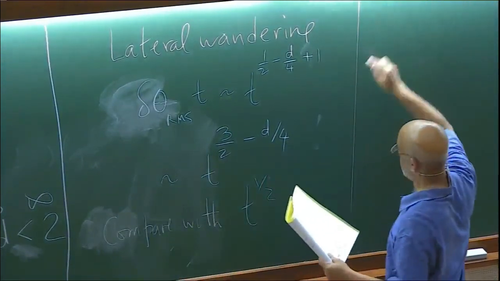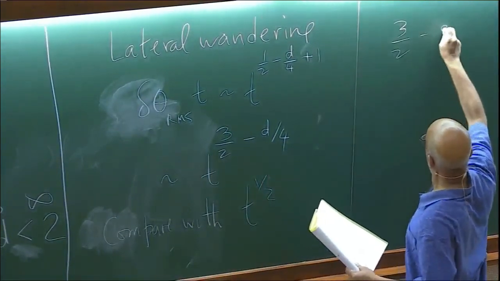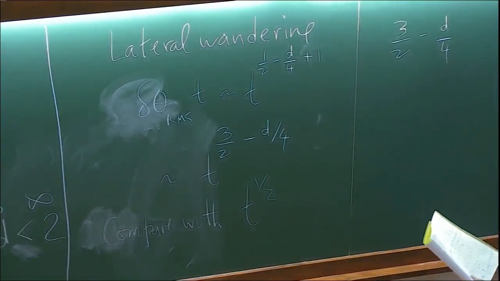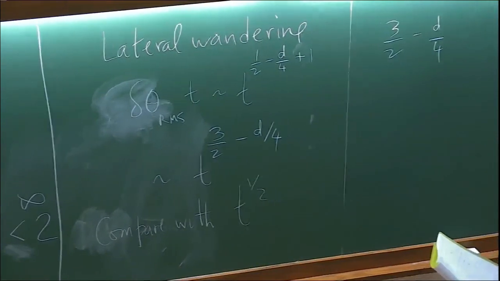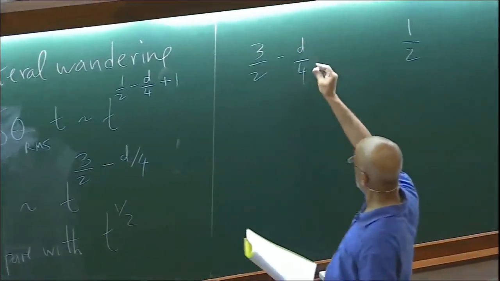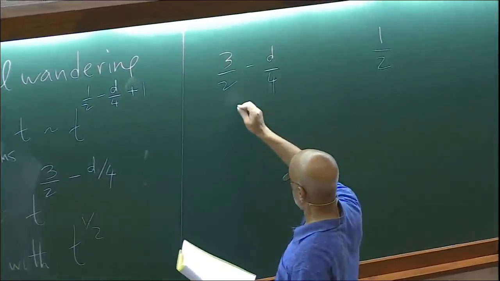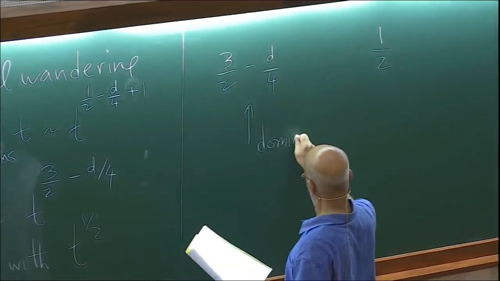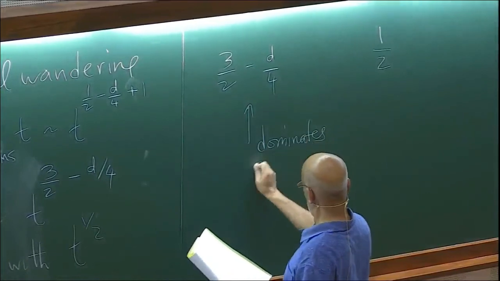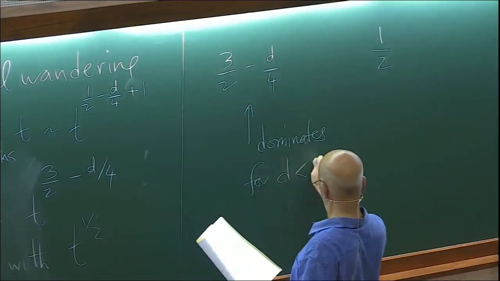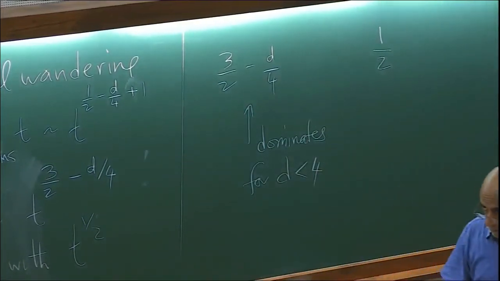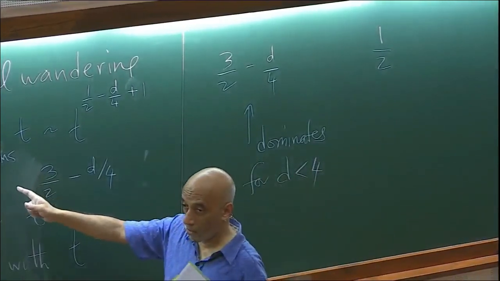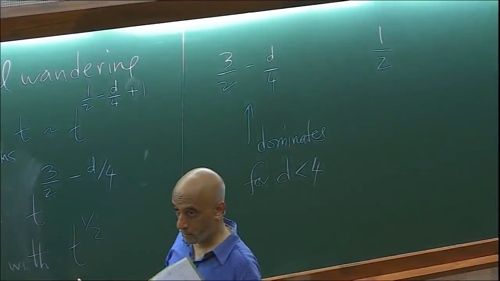So you have this versus 1/2. What do you get? This dominates for d less than 4. So we're comparing spreading by lateral wandering to spreading by ordinary diffusion.